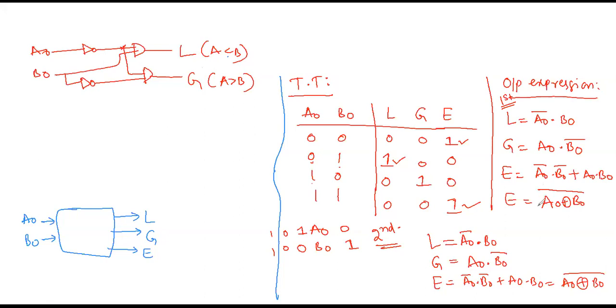Next, A0 XNOR B0, with A0 one input and B0 the other input. This is equal. This is the internal diagram of the 1-bit comparator.